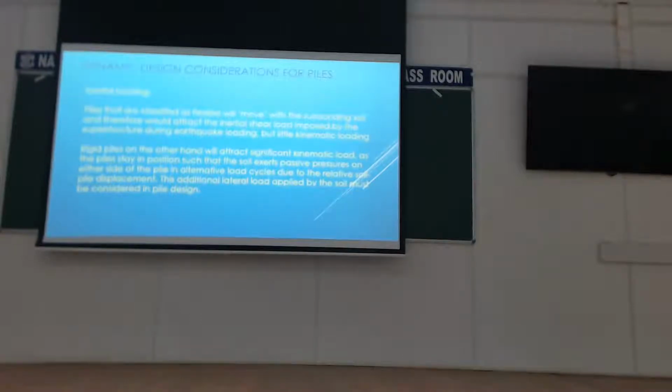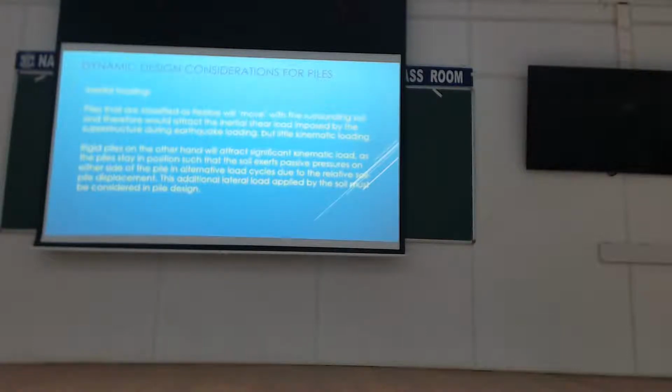Yeah? I know I started the definition only half an hour ago, and now we are talking as if we are experts in inertial and kinematic loading, but run with me. But it makes sense, right? If the pile moves with the soil, there is no kinematic load, obviously. On the other hand, say this classification gave us rigid piles, or it classified our pile as rigid. Then you will attract a huge amount of kinematic loads.